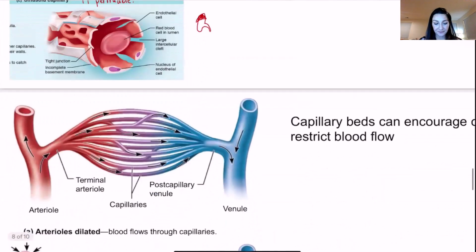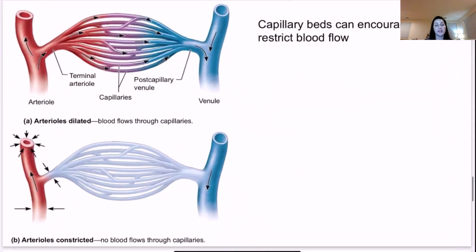Alrighty. So moving on from the types of capillaries, capillary beds are not always needed. If we're not actively digesting our cheeseburger, we might not want a ton of blood flow to our stomach and all of our GI tract. So we can turn off that capillary bed where there's not as much blood flow. Notice that we have an arteriole.